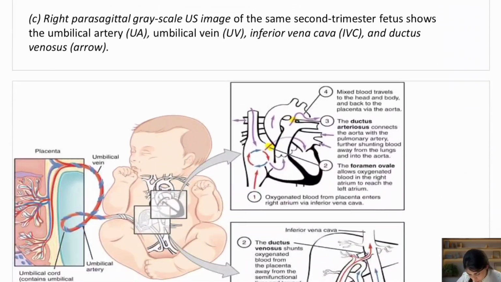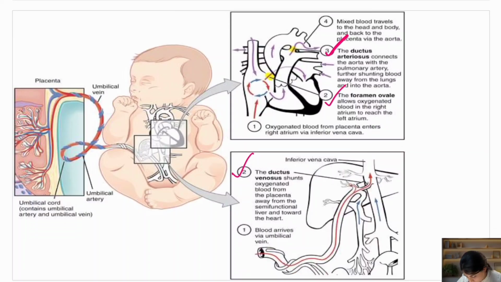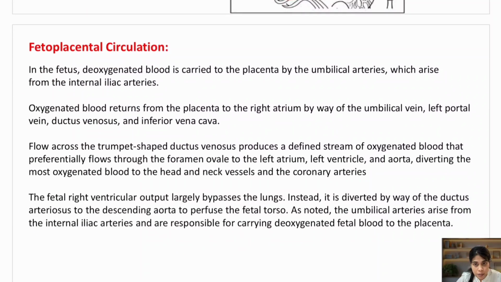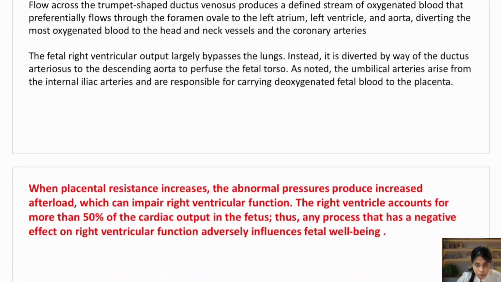So all these things we have discussed: the role of the ductus venosus, foramen ovale and ductus arteriosus, the fetoplacental circulation, oxygenated blood, deoxygenated blood, and the role of the placenta.